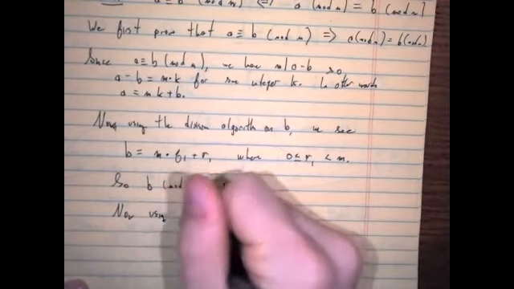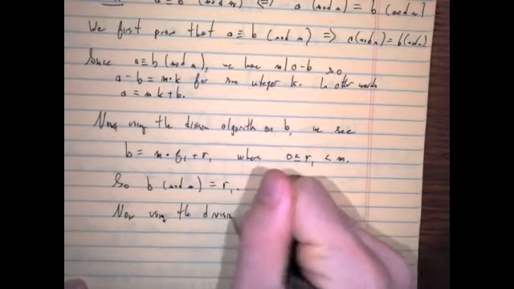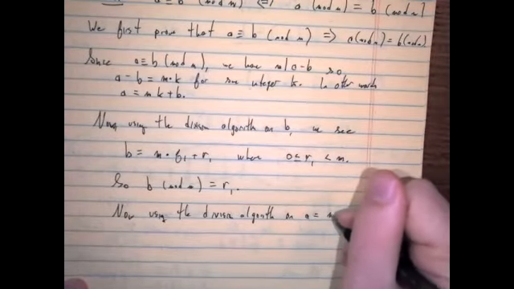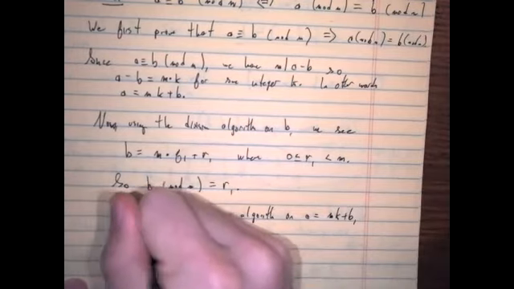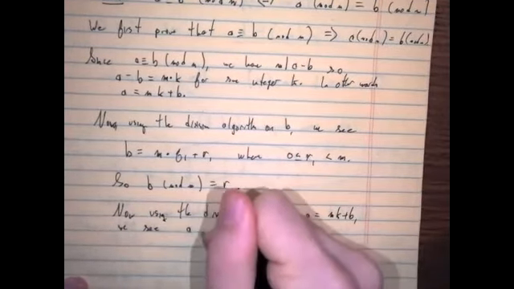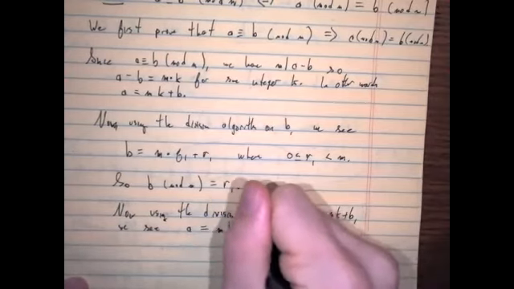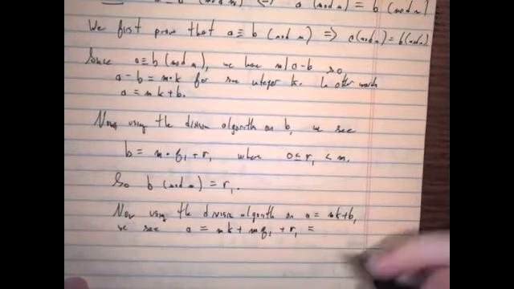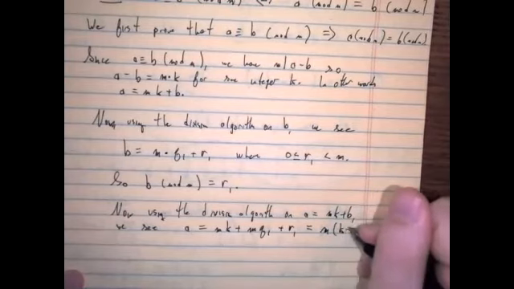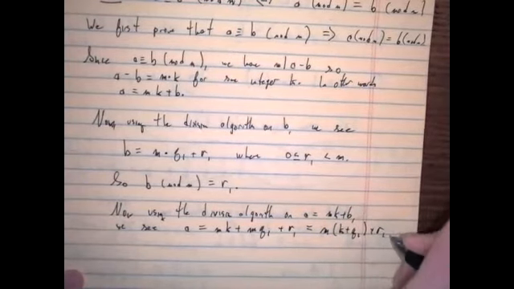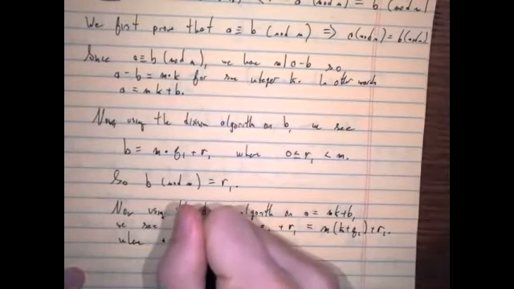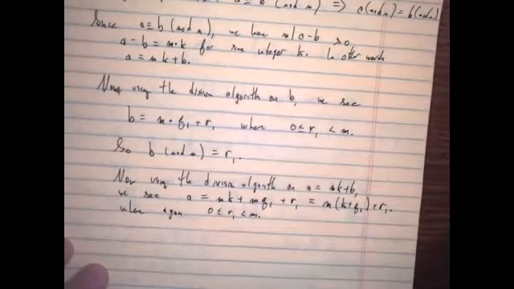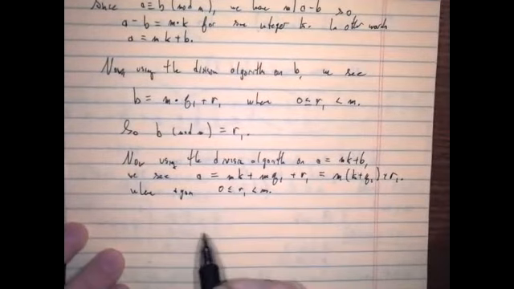Now using the division algorithm on A, which is equal to MK plus B, we see A is equal to MK plus MQ1 plus R1, which is equal to M times (K plus Q1) plus R1, where, again, 0 is less than or equal to R1 is less than M. Right?